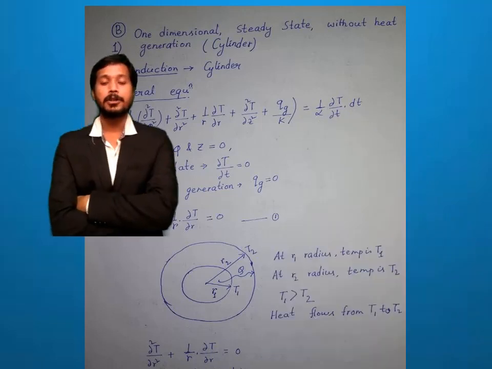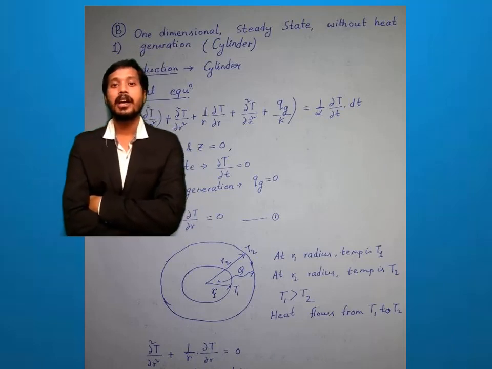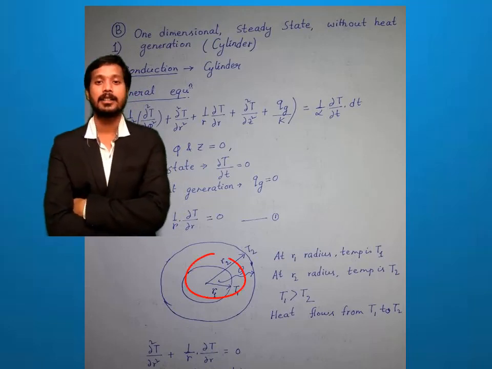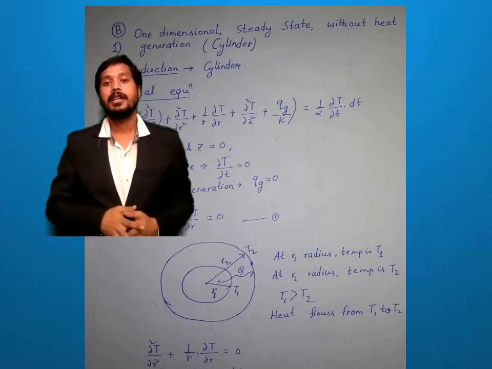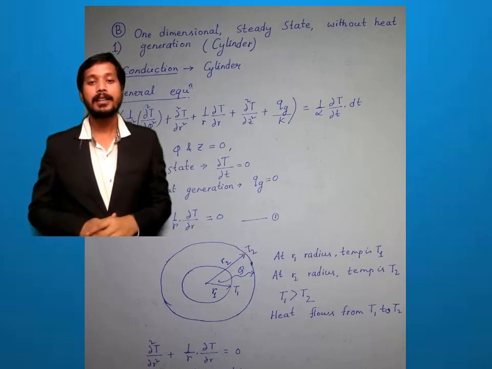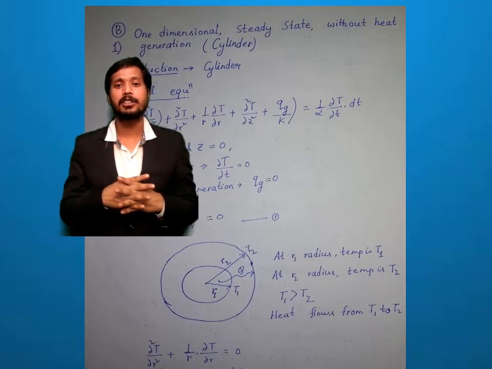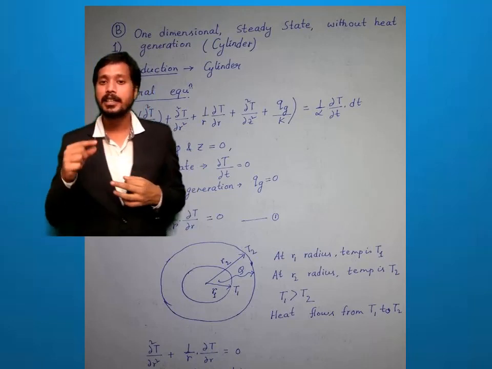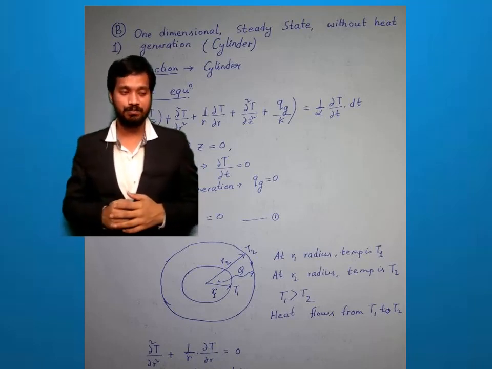Now in this particular cylinder, if I look at this diagram, we have two radii. One is the inner radius, another one is the outer radius. So that cylinder or cylindrical pipe has some thickness, and it has some length L. The cylinder has inner radius R1 and outer radius R2.